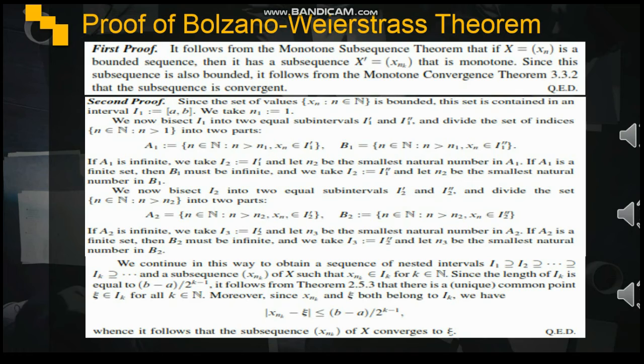We now bisect I2 into two equal subintervals I2' and I2'' and divide the set of n in the natural numbers such that n is greater than n2 into two parts. These are A2 and B2. A2 equals the set of n such that n is greater than n2 and x_n is in I2', and B2 is the set of n such that n is greater than n2 and x_n is in I2''.